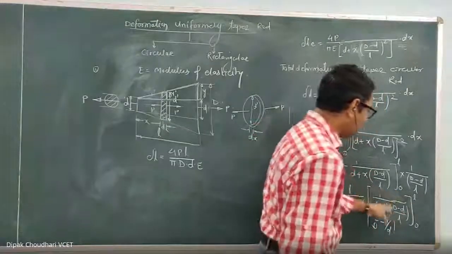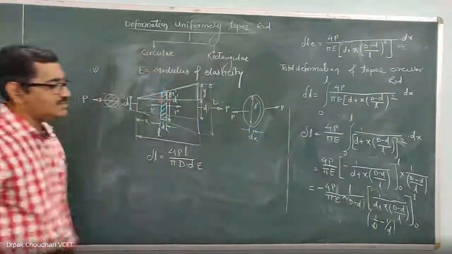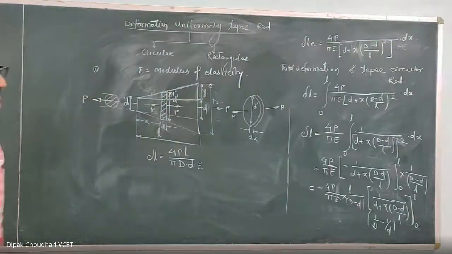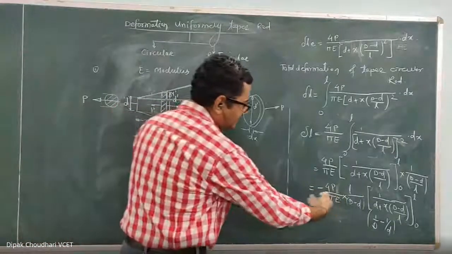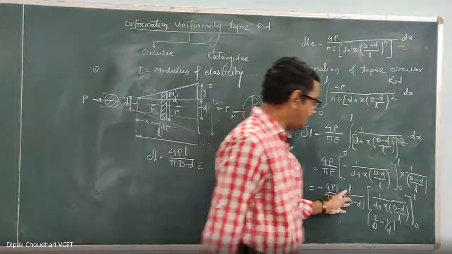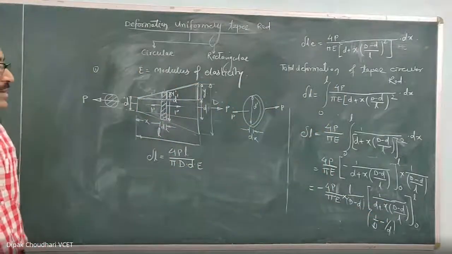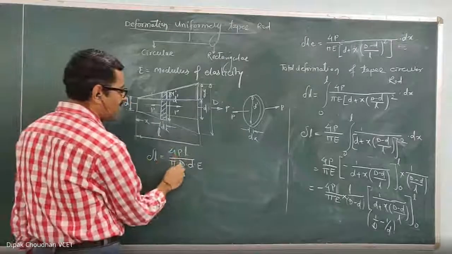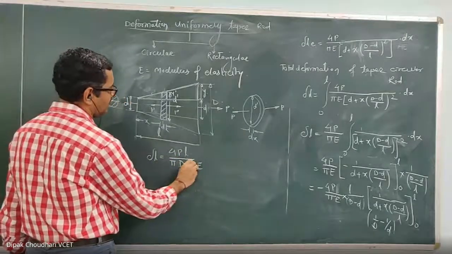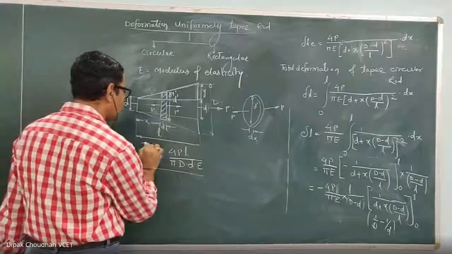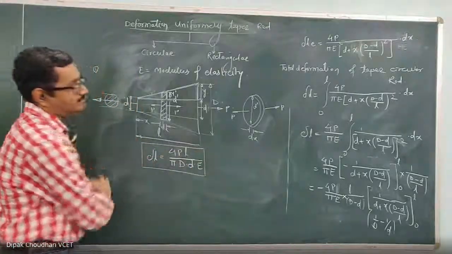After substituting the limit, this bracket becomes 1 upon d minus 1 upon D. And then if you simplify, multiplying by this term inside the bracket, you will get this term. Okay, so it is 4PL upon pi D d into E. This is the deformation of the uniformly tapered circular rod.